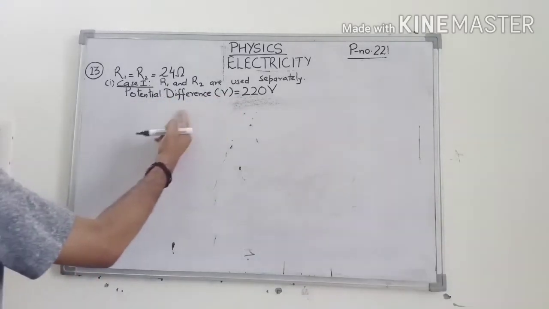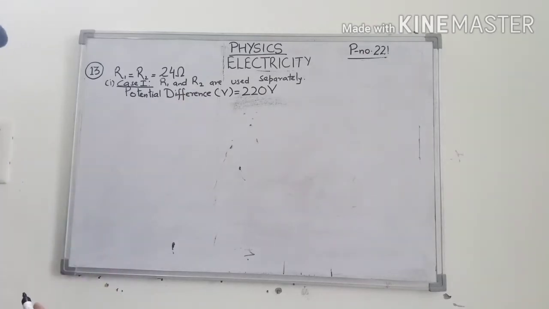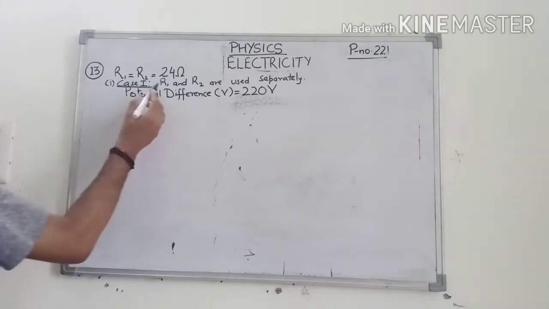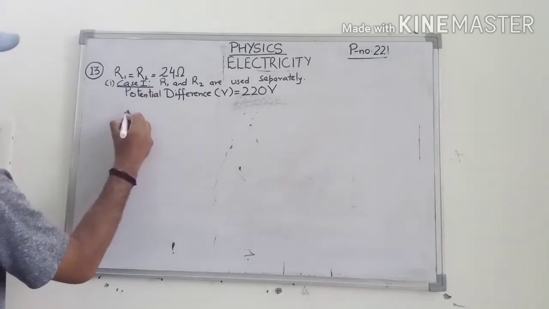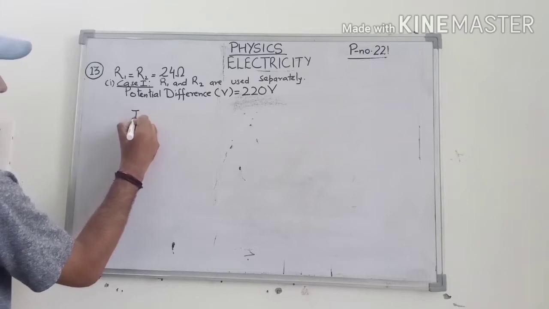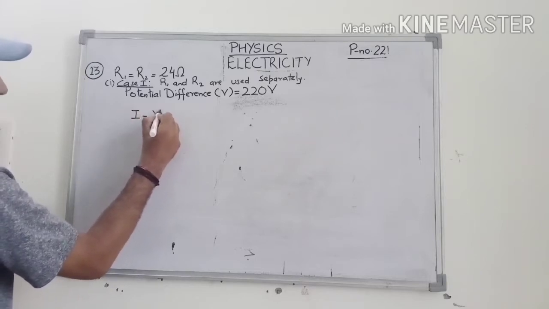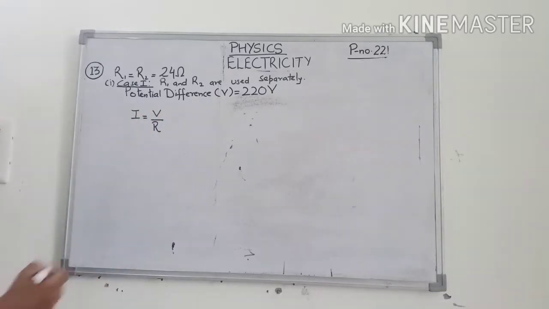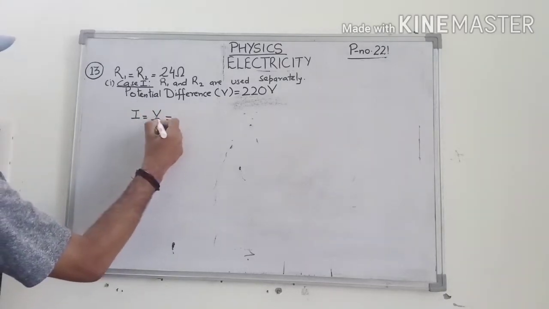So what is the potential difference given here? 220 volts. Now first you will find the current through the resistance R1. So we can apply the formula, that is I is equal to V upon R. What is the potential difference?